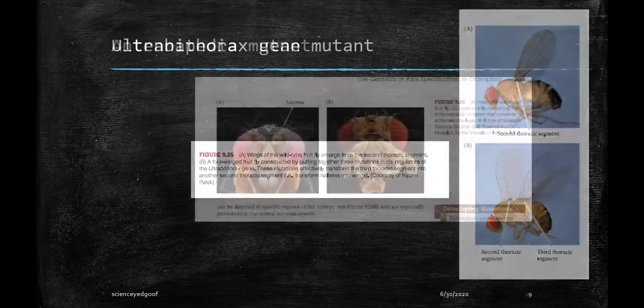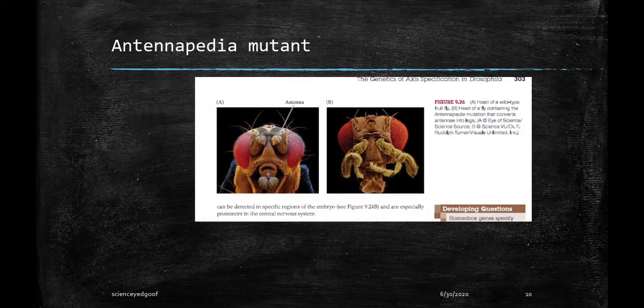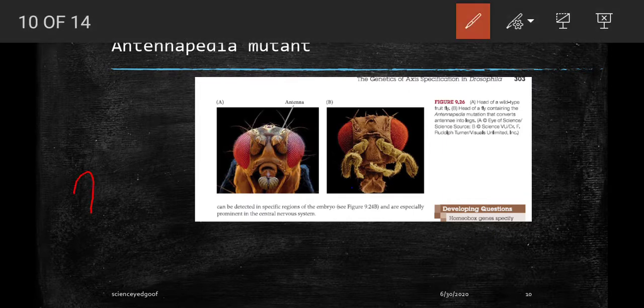Now coming to the next one, which is the Antennapedia mutant. This is very important for the second thoracic segment. It specifies the second thoracic segment of the fly. Again, going back, what is the second thoracic segment? It produces a pair of legs and a pair of wings.